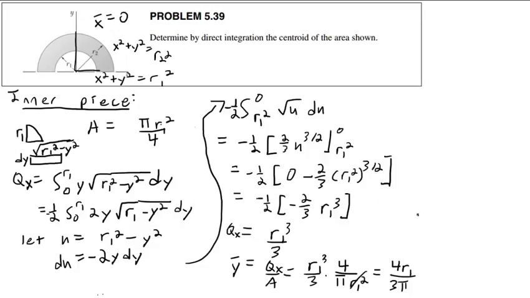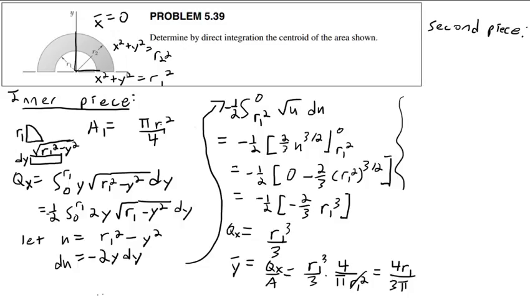Okay. Now, since this is just a quarter circle, we have just proved that the y bar centroid of a quarter circle is 4 R1 over 3 pi, right? So that's the same for the second one. In general A1 equals pi R1 squared over 4. Well, the second piece, by the same argument, I don't need to do the whole integral again for the exact same shape.